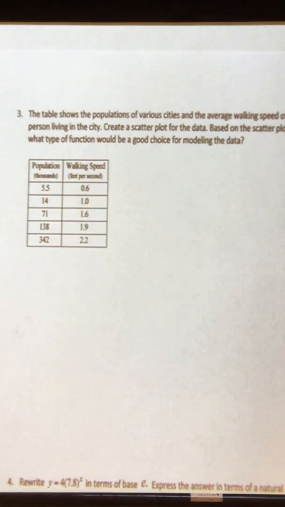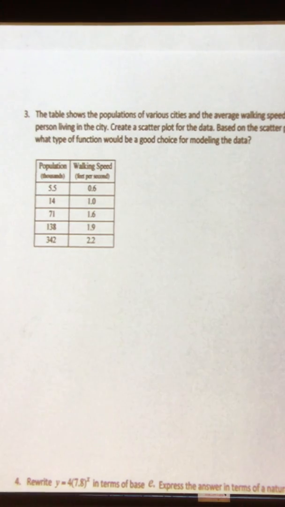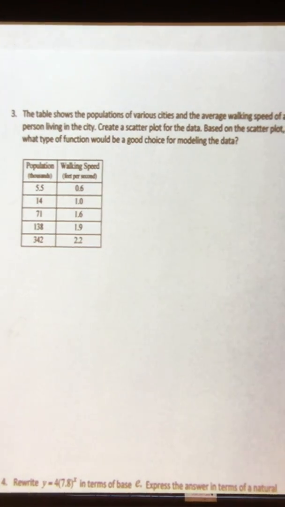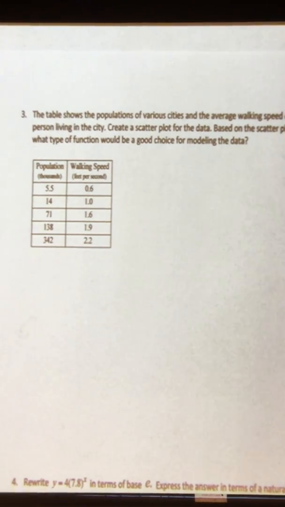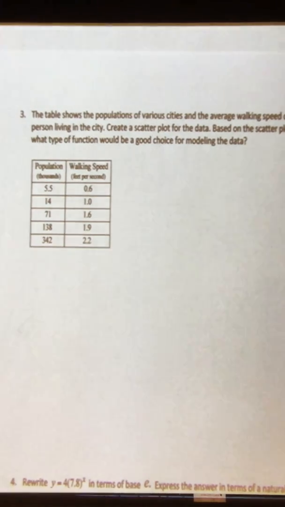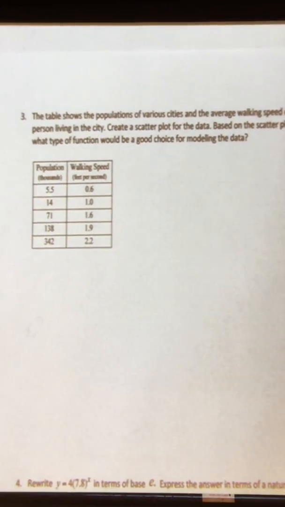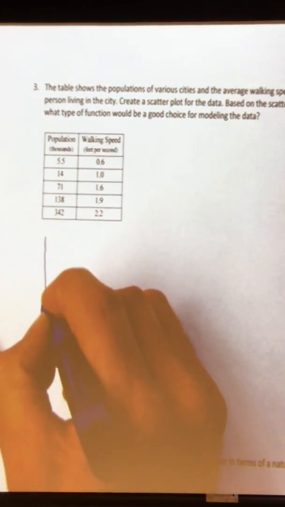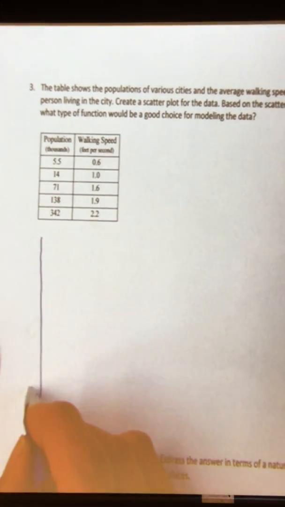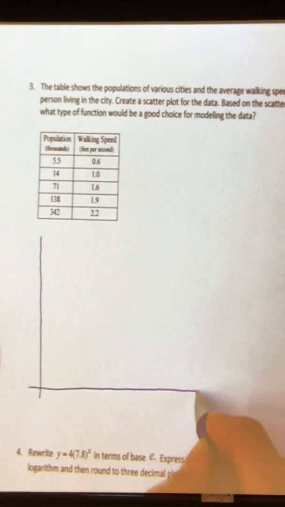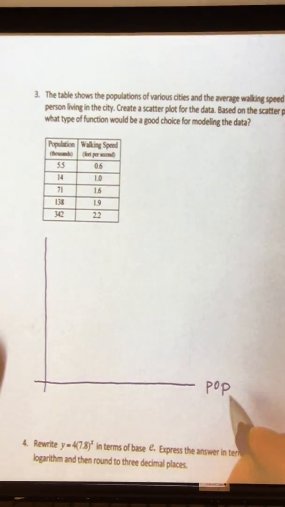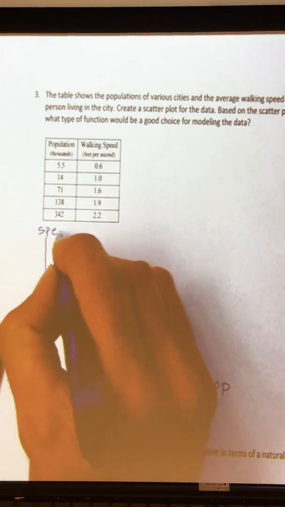Here we have a table of population versus the walking speed of people who live in that population. And we are asked to draw a scatter plot of the data and determine what function might be best. So here I have chosen to draw this by hand. So we have the population here, and we have the walking speed here.